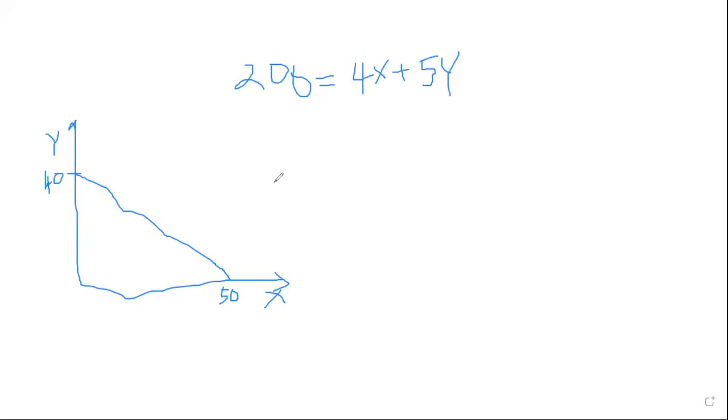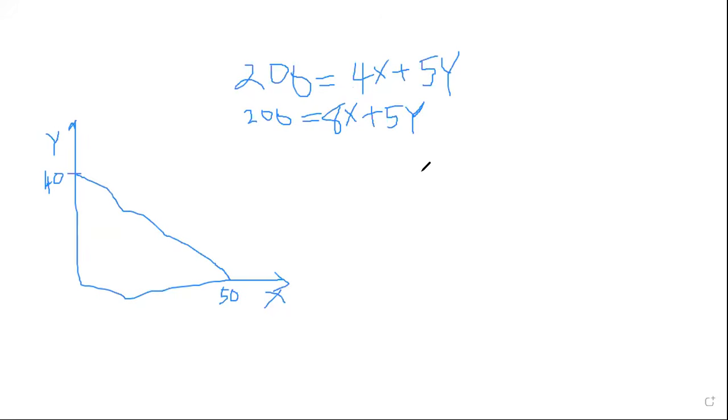Right? Okay. So now let's assume that the price of X doubles, holding the price of Y constant. So the price of X increases by 100%. So it doubles, holding the price of Y constant. So in that sense, 200 would be equal to 8X plus 5Y. So let's draw the budget line for this new budget equation.